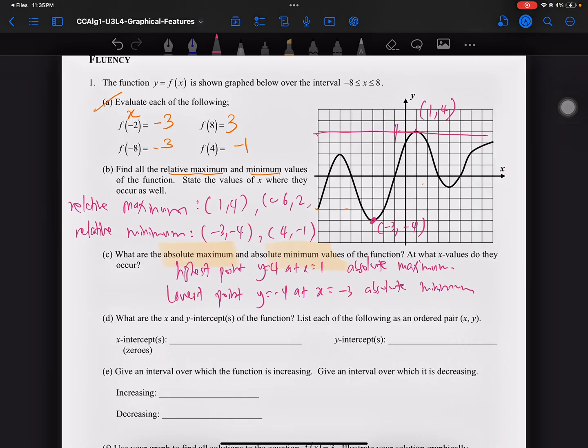So absolute means the biggest or smallest value anywhere on the graph.